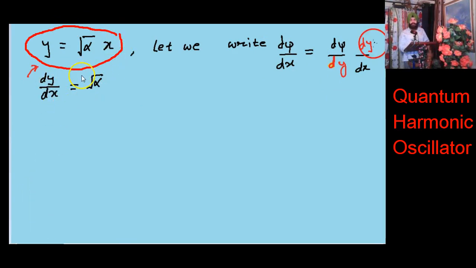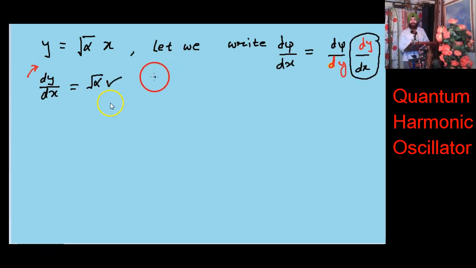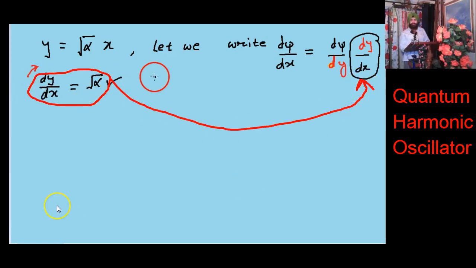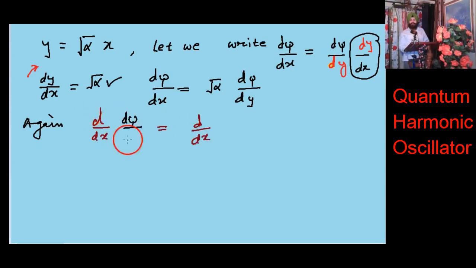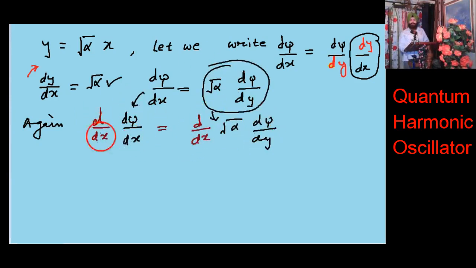So dy by dx becomes only root of alpha. Now substituting this value here. So this is clear. Now again differentiating once again with respect to x.